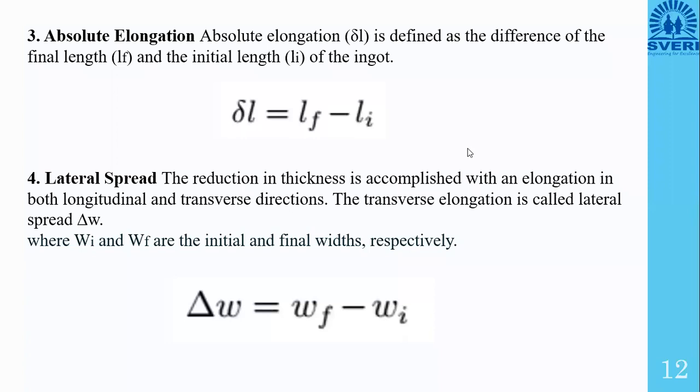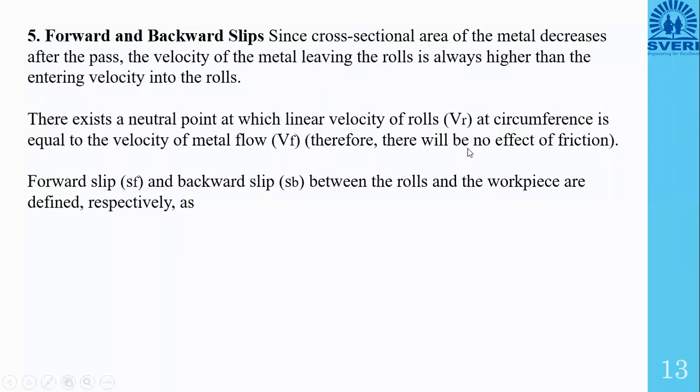We'll move forward. Okay, the next point is forward and backward slip. What is meant by it? Since the cross-sectional area of the metal decreases after each pass, the velocity of the metal leaving the rolls is always higher than the entering velocity into the rolls.